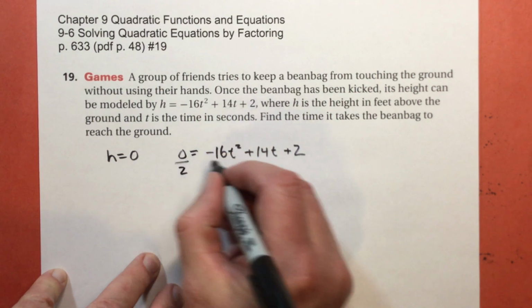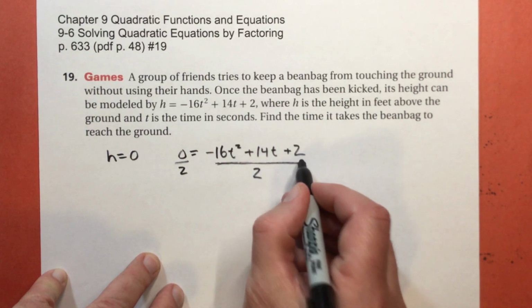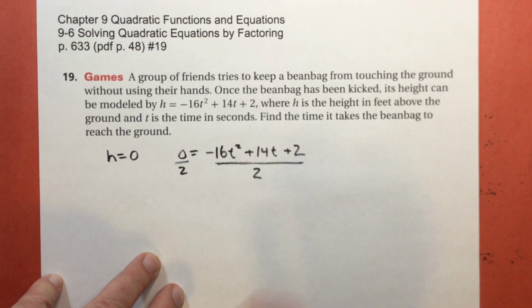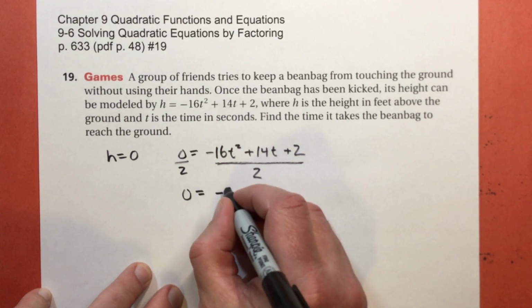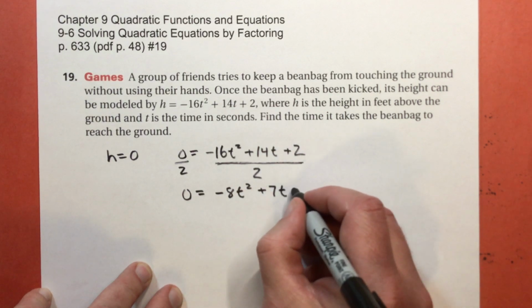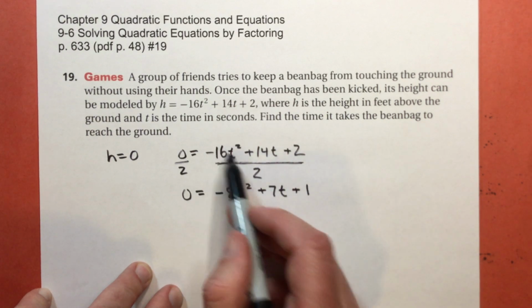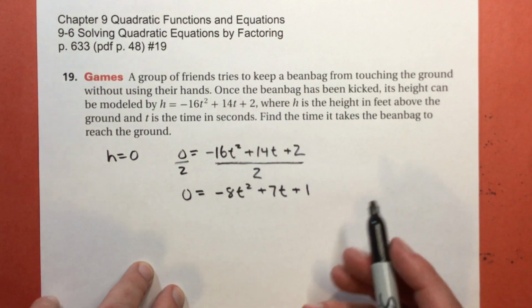I have a common factor of 2, so I can divide both sides by it and I get 0 equals negative 8t squared plus 7t plus 1. Negative 16 divided by 2 is negative 8, 14 divided by 2 is 7, 2 divided by 2 is 1.